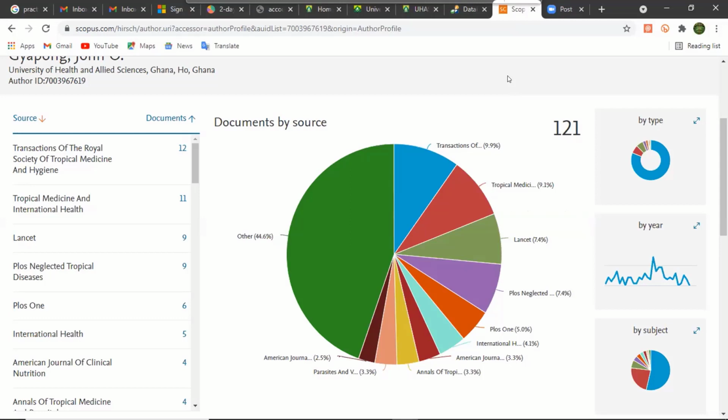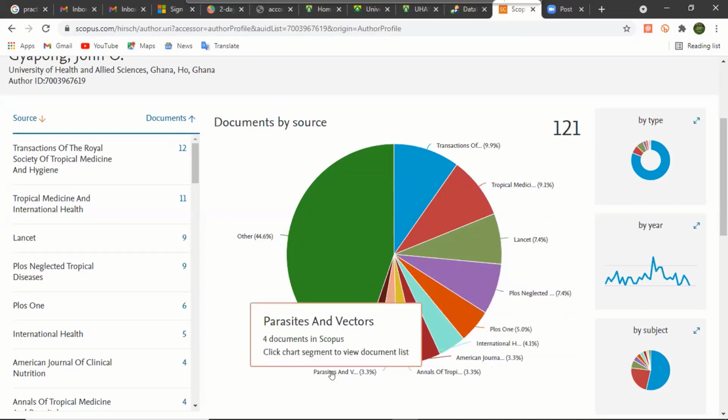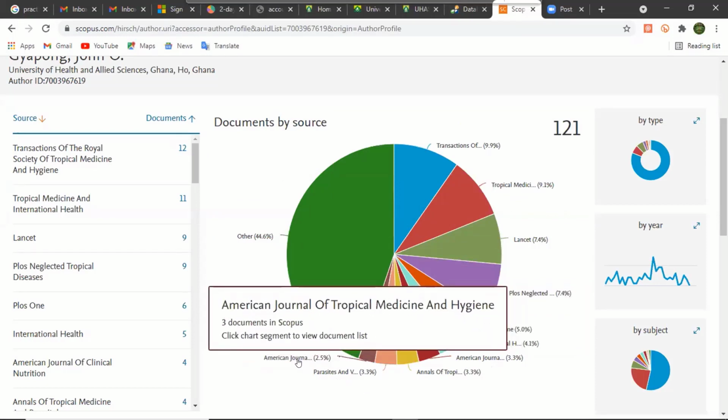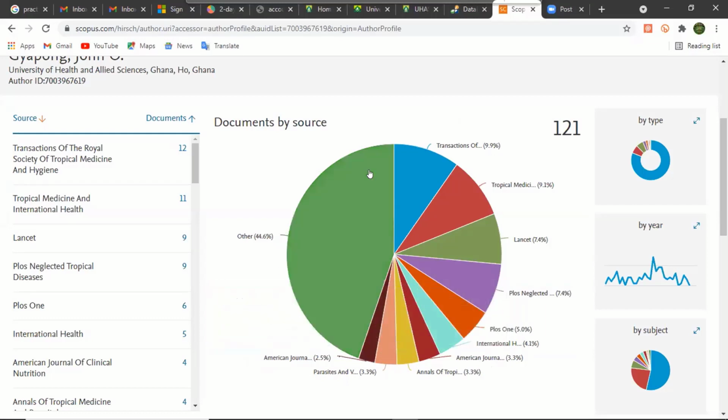So if you know you're also doing something in the area of neglected tropical diseases or something similar to what Prof. Japon is doing, the best thing you can do is a simple analytics on him, maybe through Scopus, and find out where he has published over the years. So easily you are able to identify a journal, okay, that your research area or topic or manuscript is compatible with. American Journal of Tropical Medicine and Hygiene and all of that.